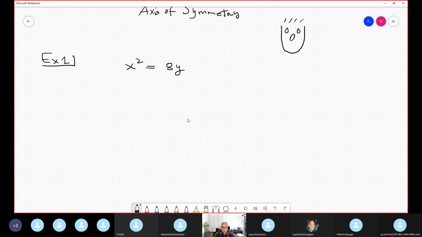Okay, in this case, immediately I compare this equation and this equation. This is 8y. You compare this and this.